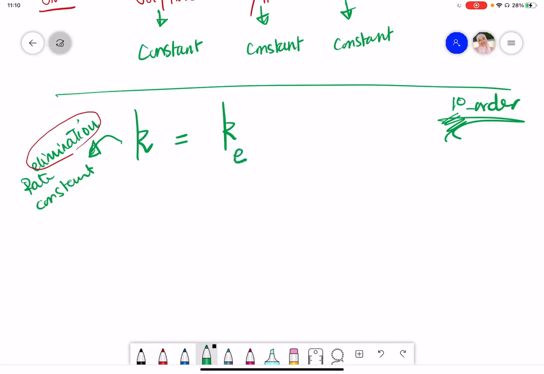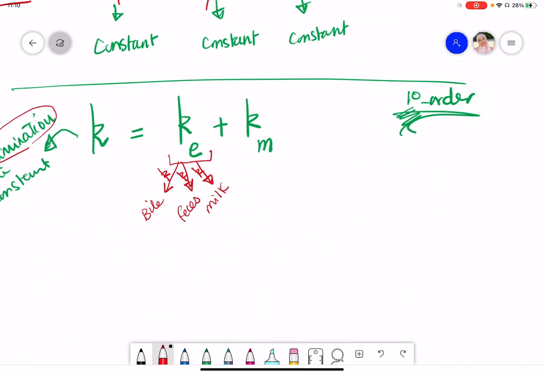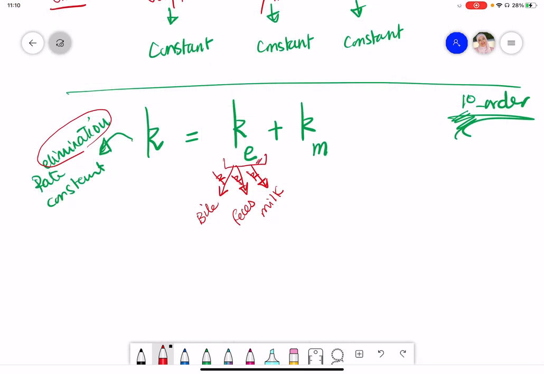So it would be K excretion plus K metabolism. Each one of them is the sum of, in this case, all the excretion processes, which could be in the bile, in feces, in the milk, any constant related to different tissues or pathways, and they are excretion constants.